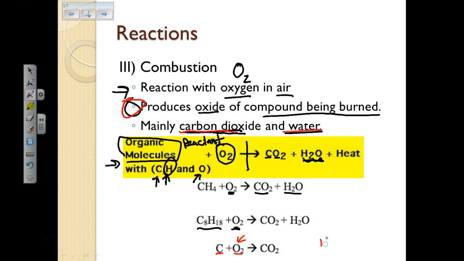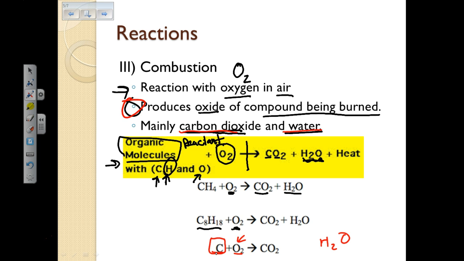Why is there no water? Because what we started with had no hydrogen in it to form water. So just be careful.